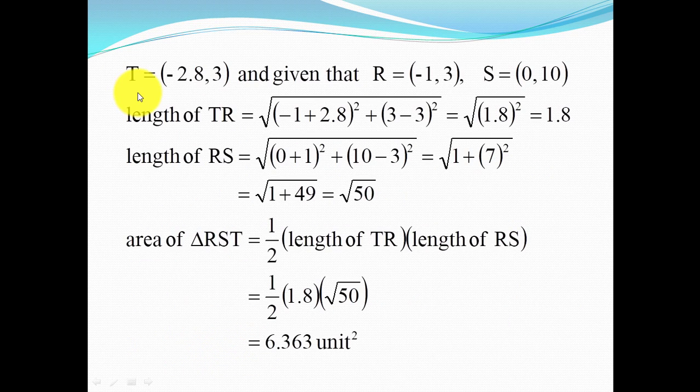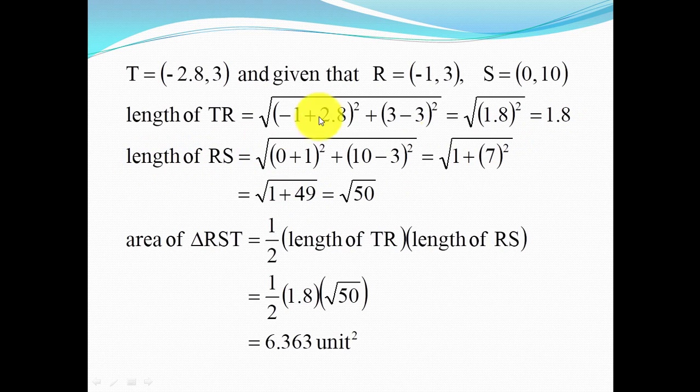Now the coordinates of T are found, and the coordinates of S and R are given in the statement. Now find the length of RT. R is the final position, so the x component of R minus the x component of T, which is minus 1 plus 2.8, squared, plus the square of the y component of R minus the y component of T, which is equal to 0, and so the final answer is 1.8.